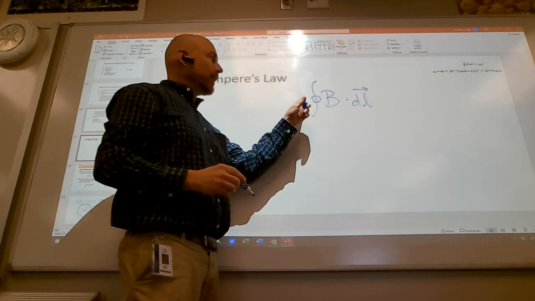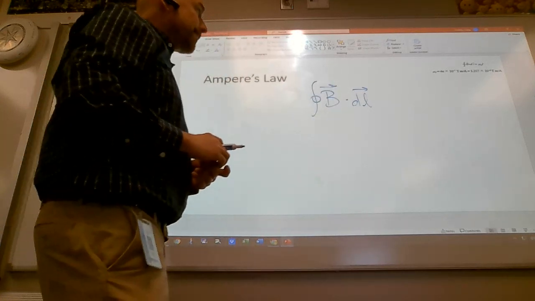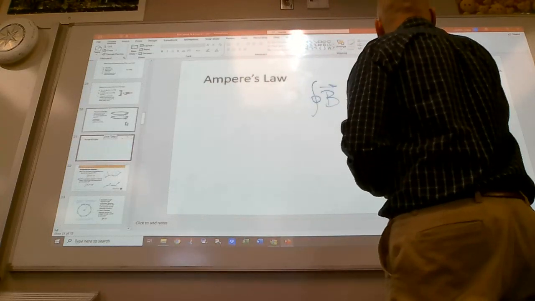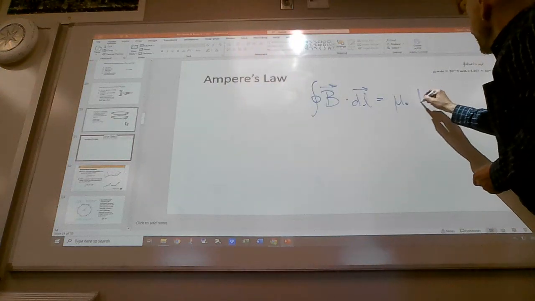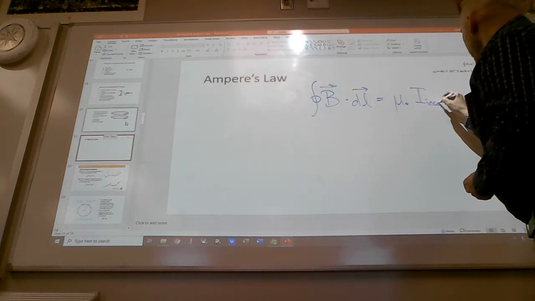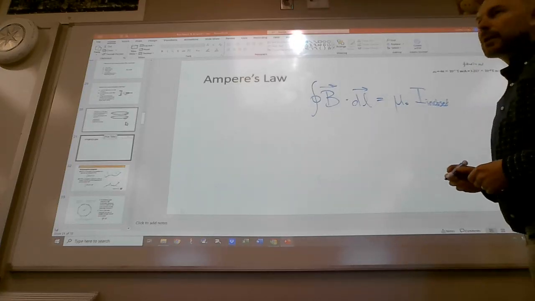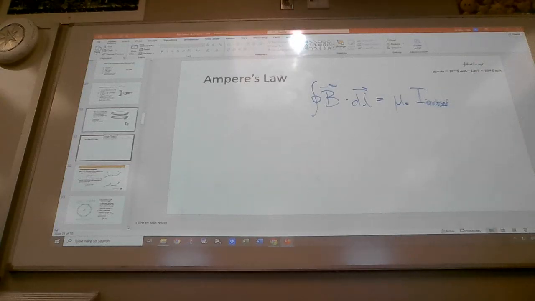That's what that symbolizes. And this is equal to the current enclosed, right? Enclosed, enclosed.